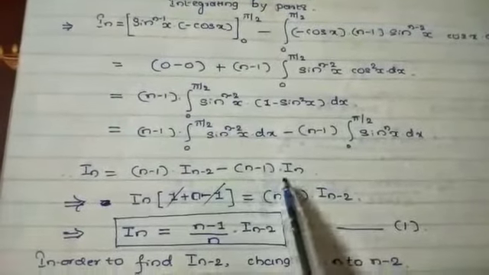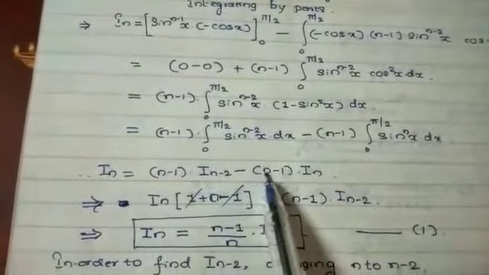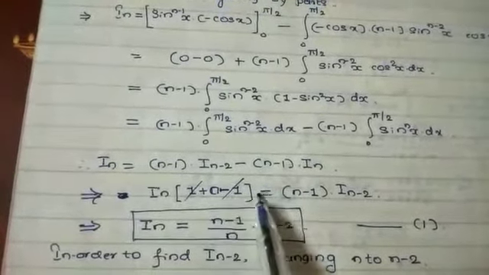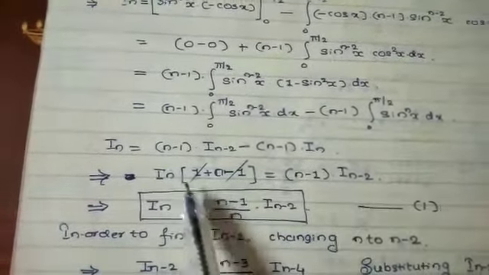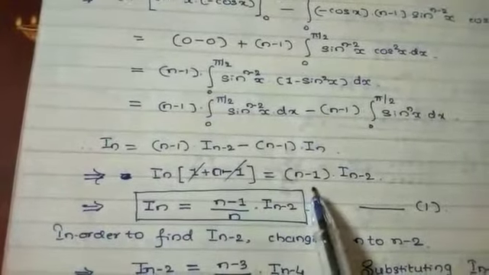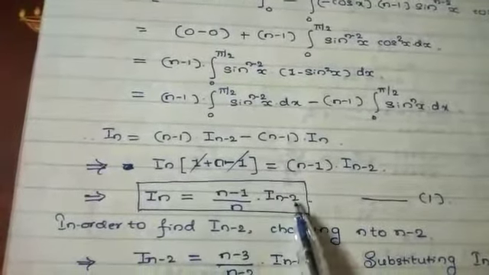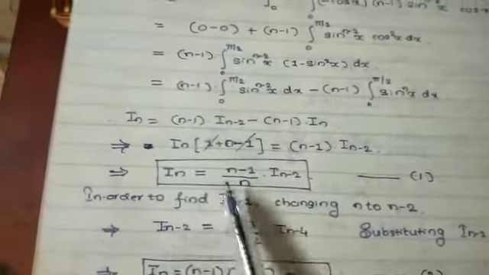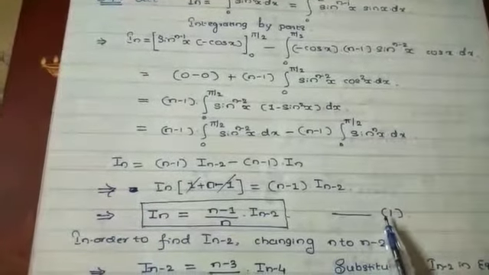Transposing the equation, I_n into the bracket 1 plus n minus 1 equals n minus 1 into I_n minus 2. Therefore I_n equals n minus 1 divided by n, into I_n minus 2. This is the reduction formula, call it equation number 1.